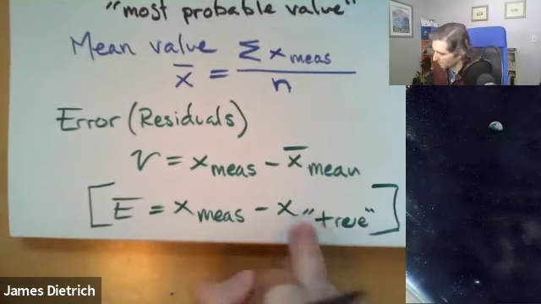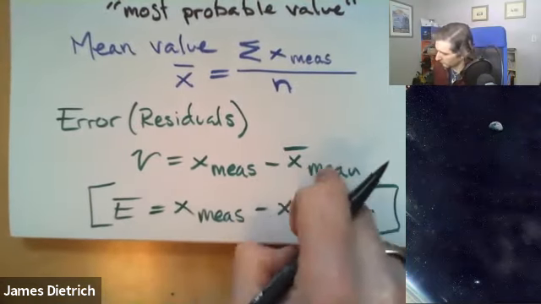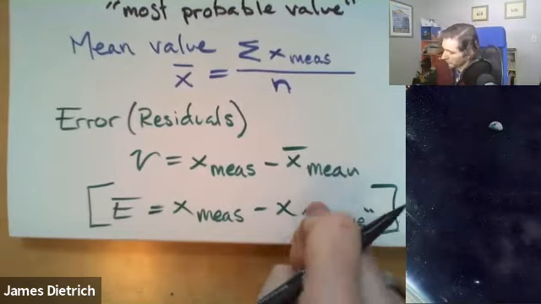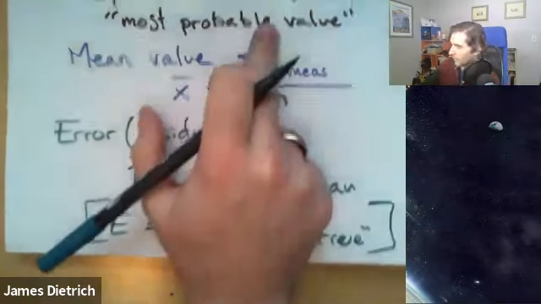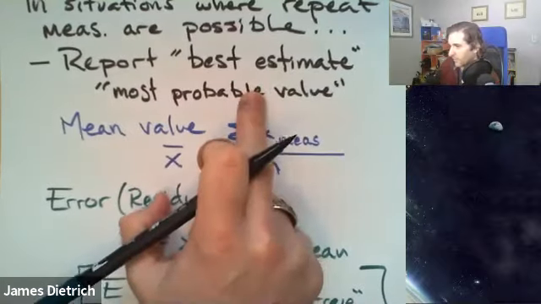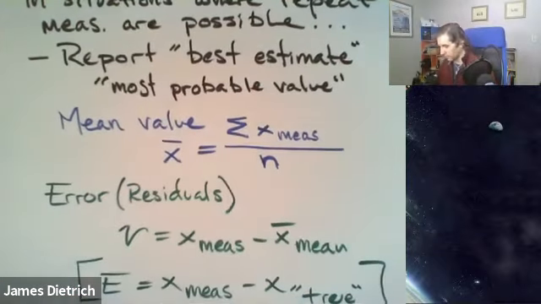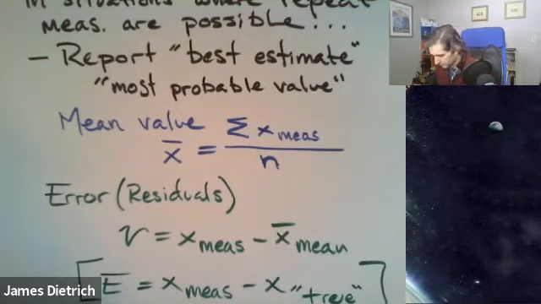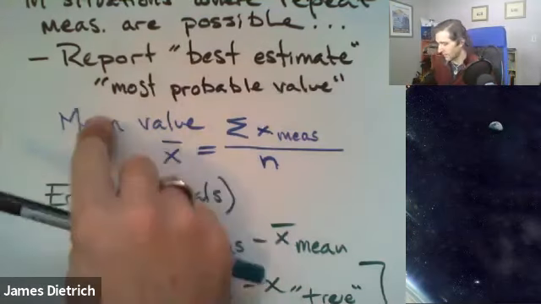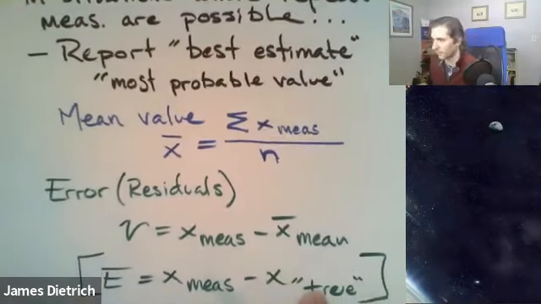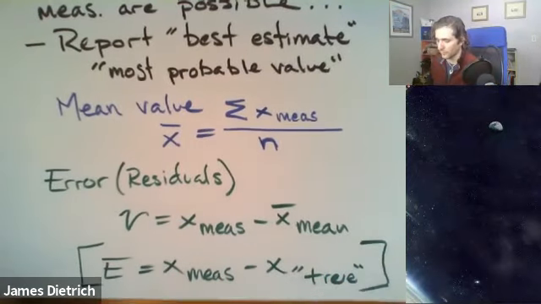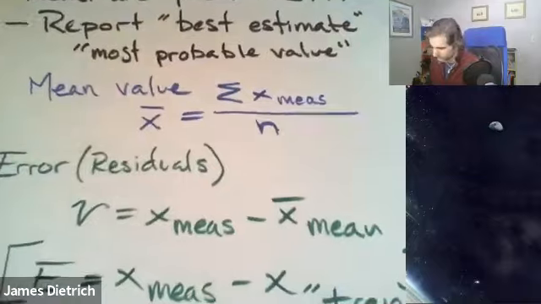Same idea. But instead of the true value here, because we have repeat measurements, we can use the mean as our best estimate or most probable value. So the mean becomes a proxy, or a substitute, for the true value of that measurement.